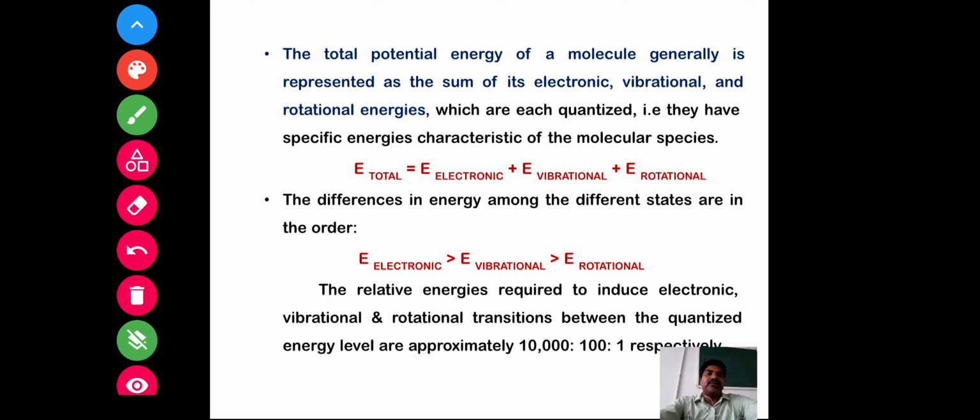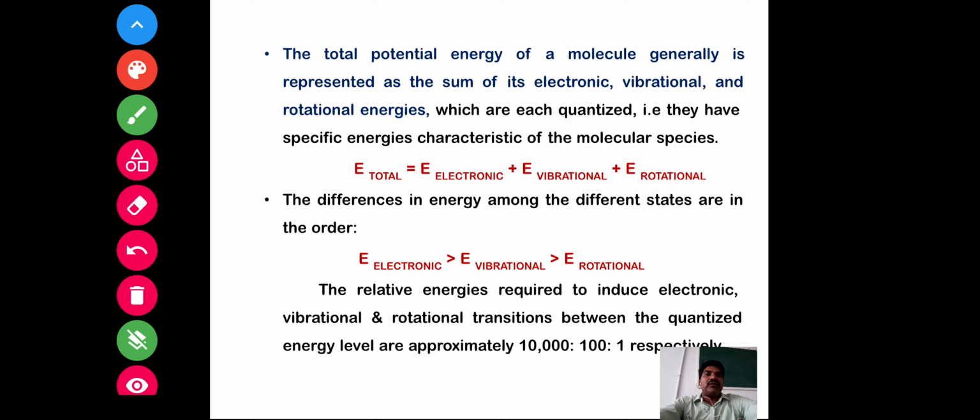Let's continue with the previous topic, molecular absorption and emission spectra. So, the total energy of the molecule is generally a sum of potential and kinetic energy. The potential energy part of the molecule is the sum of electronic, vibrational and rotational energy.